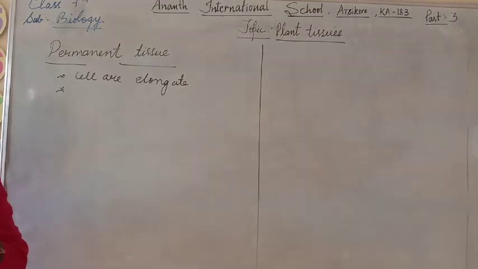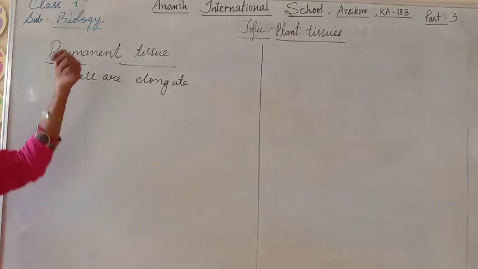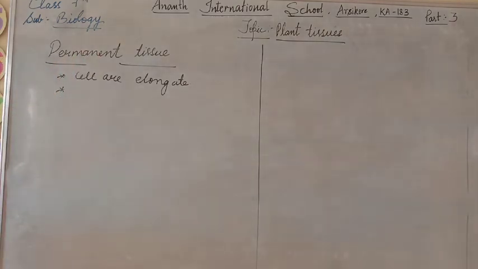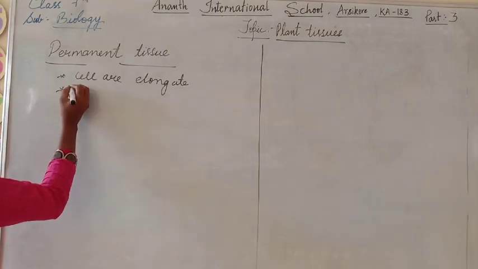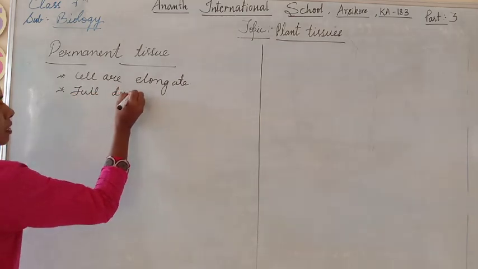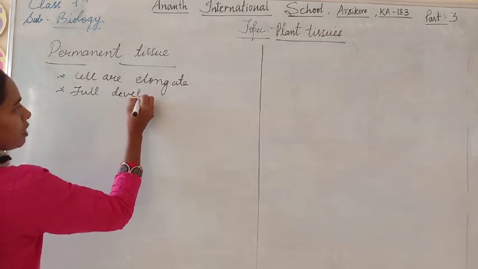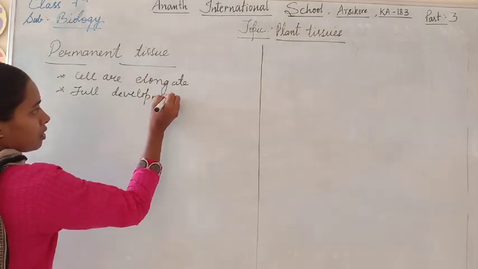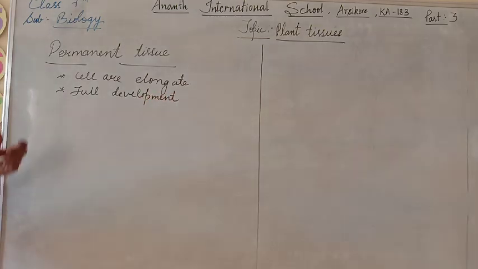So what do you mean by permanent tissue here? The word itself says permanent, which is permanent till the end. At maturity, the full development takes place in the cells. When this development takes place, the cells get differentiated.